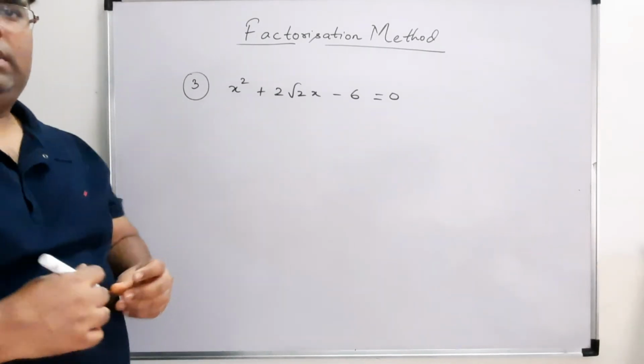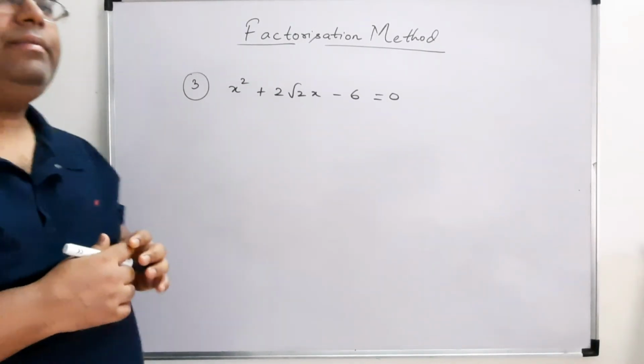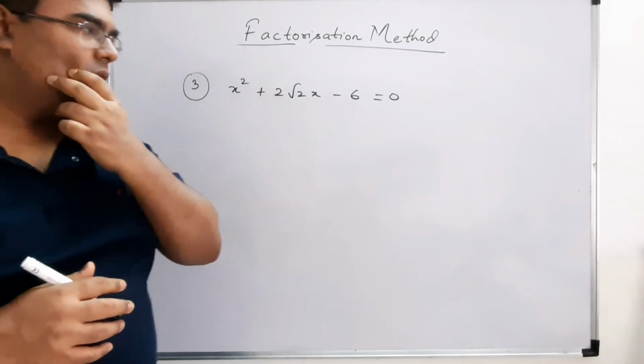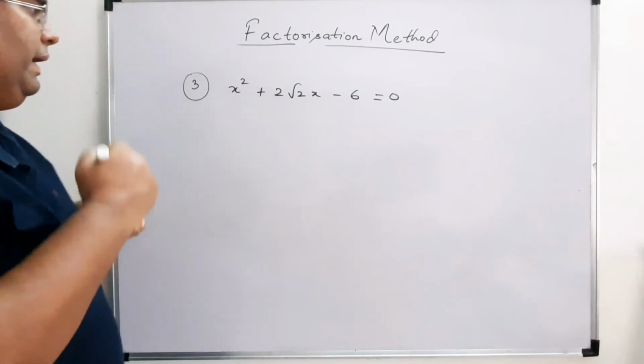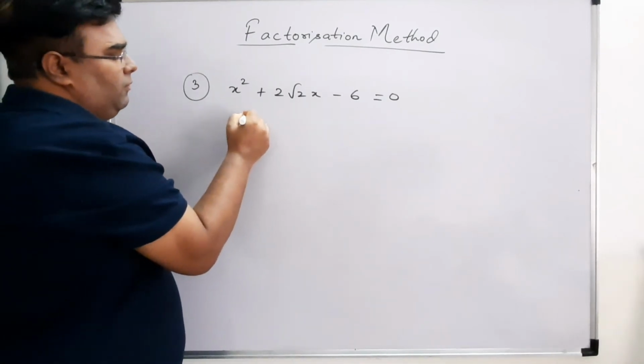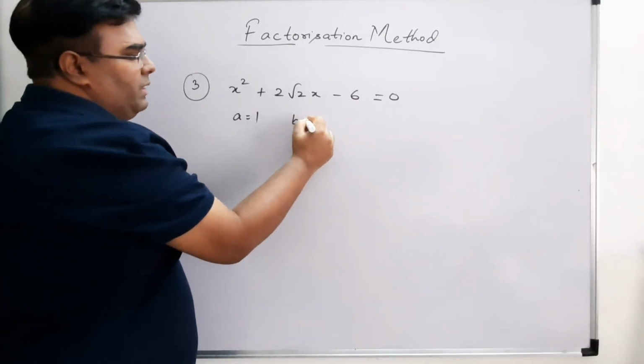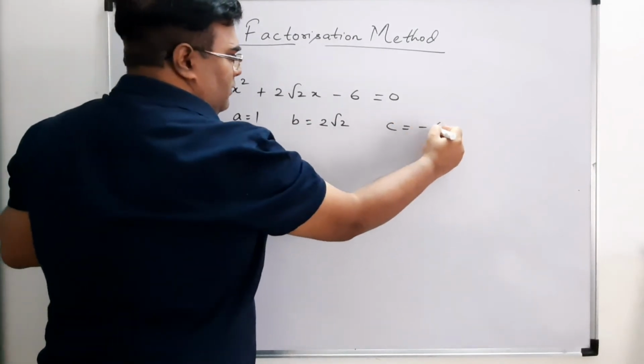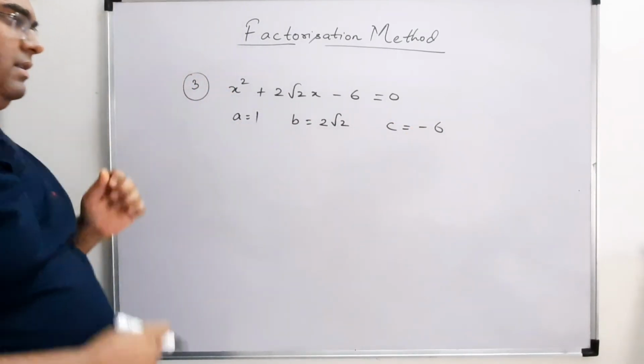Now let us take our third example, and here I have included a square root number which is 2 root 2. So my a is 1, b is 2 root 2 and c is minus 6, correct?